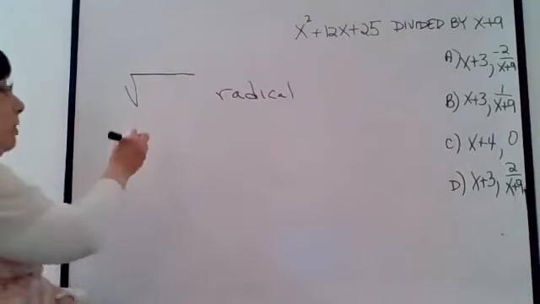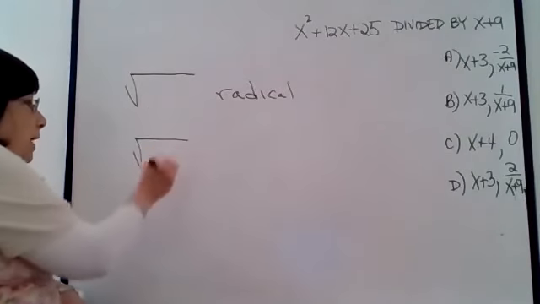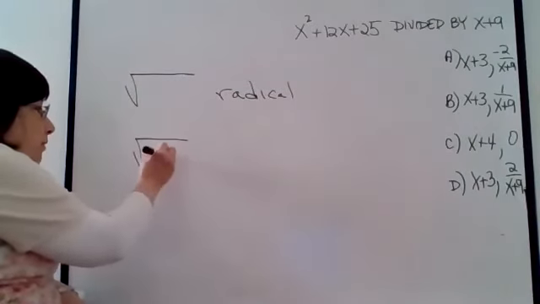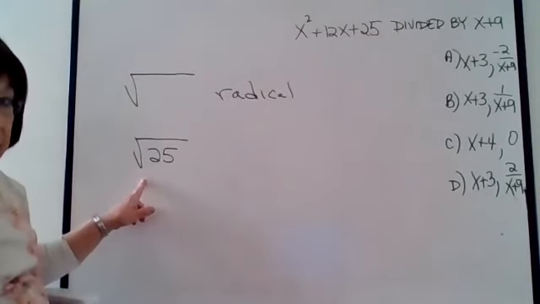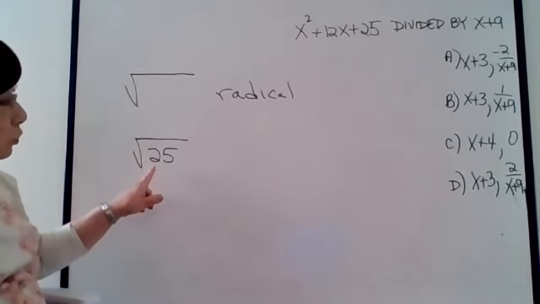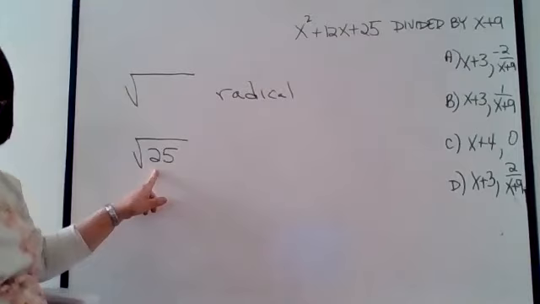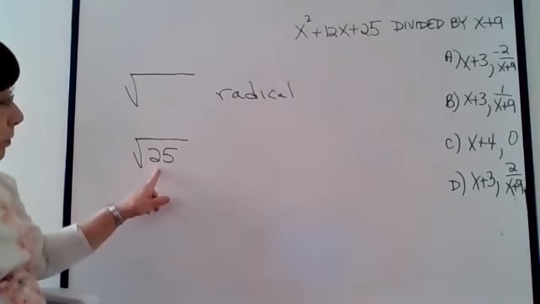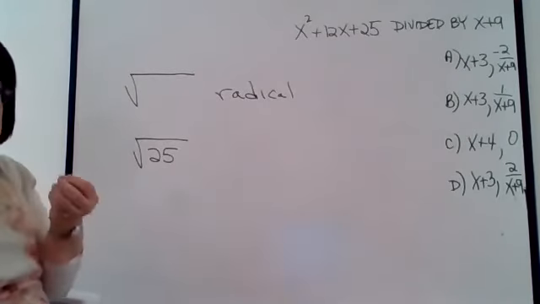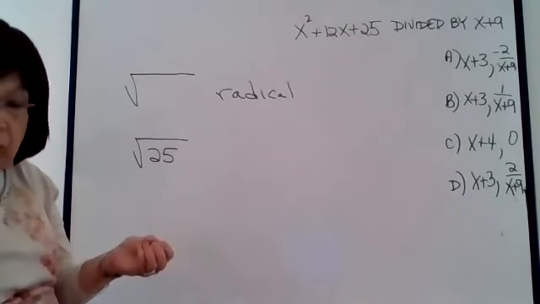And when I write something like radical 25, you can either read it radical 25 or the square root of 25. And what it means is that we're looking for a number that multiplied by itself will give us 25.